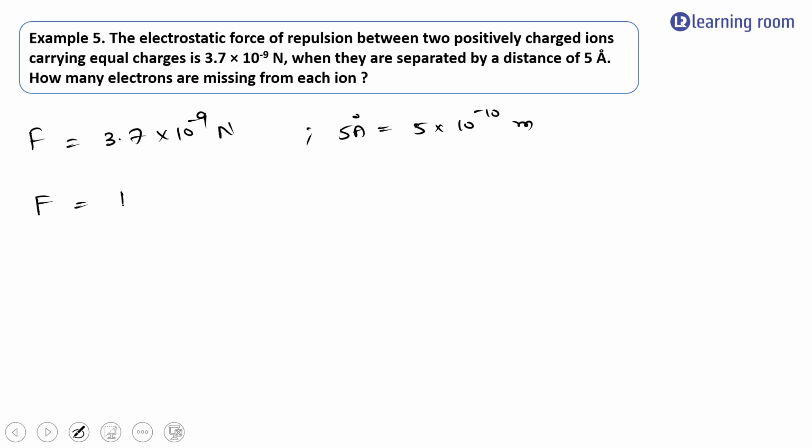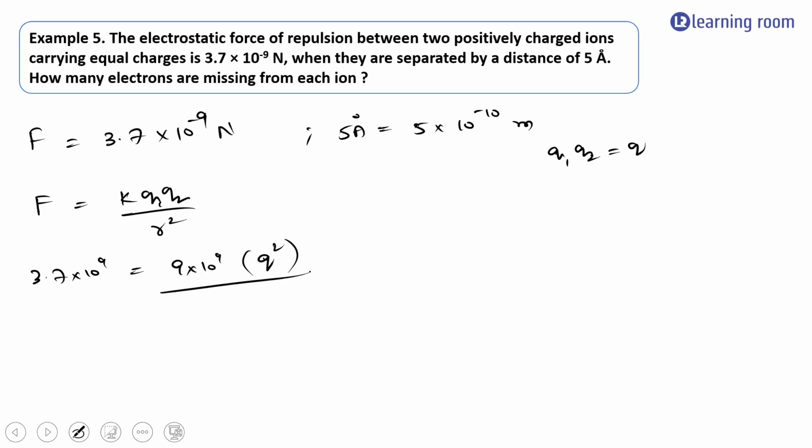F is equal to K Q1 Q2 divided by R square. But what have they given here? Q1 and Q2 are the same. They both are positively charged ions carrying equal charges, right? So force is how much? 3.7 into 10 power minus 9 is equal to 9 into 10 power 9 into Q1 into Q2, which is going to be Q square, divided by 5 square.